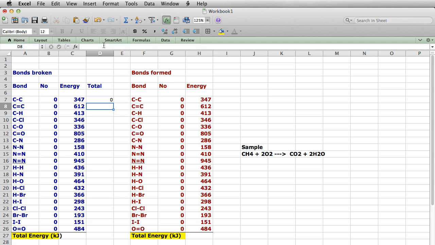So when I press enter, we can see that the total value there obviously is 0. But if I was to change that and say, how about if there was 1 bond, you can see it'll return the value 347, or 2, and it's going to return 694. So you can see that the math is actually going correctly. Now, I want to format this in the same form that I've formatted the others.